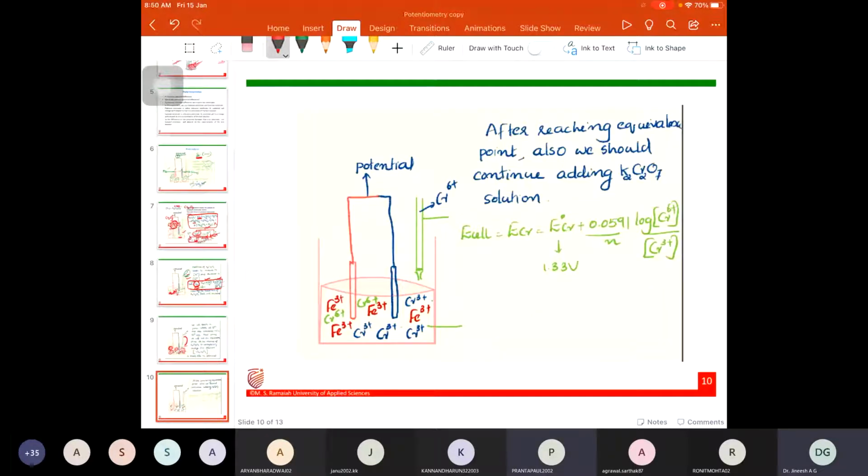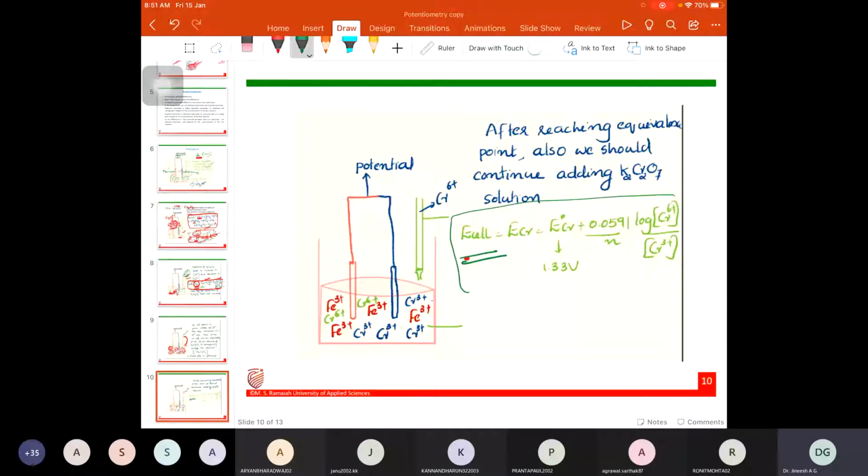Now you tell me, which metal is having two different ions in the solution? Cr, right? Now who will generate potential now, Fe or Cr? Cr will generate potential. Am I right? Yes, sir. So now the potential of the cell is due to Cr.